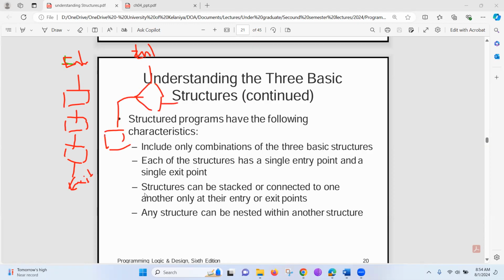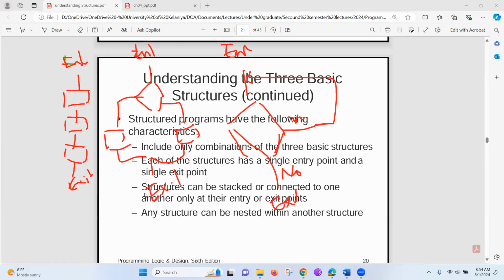You have two alternatives or a single alternative. Then finally, you exit like this. In your looping, there is an entry point, and you need to make a decision. If it is yes, you need to go back and come again. And if it is no, you can have the exit point.